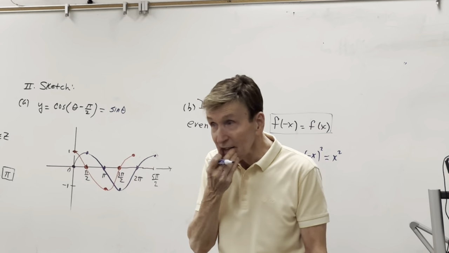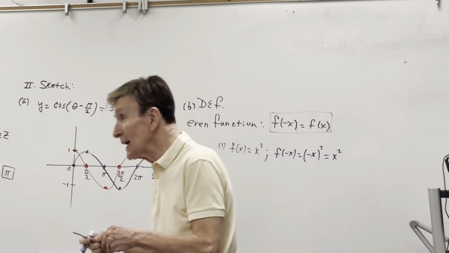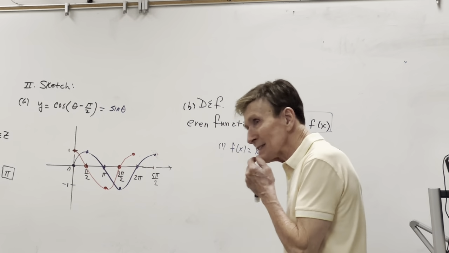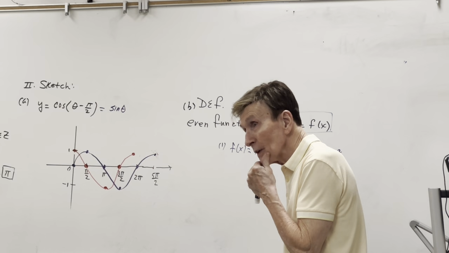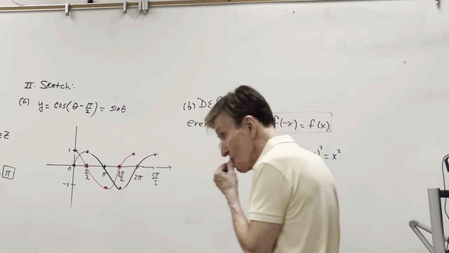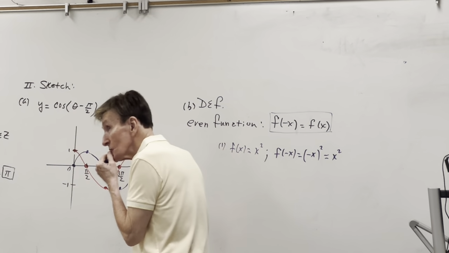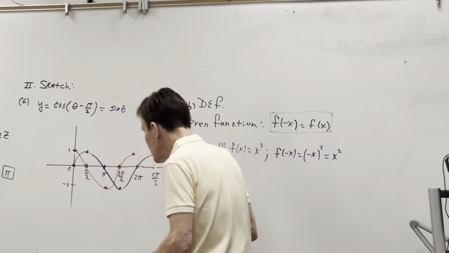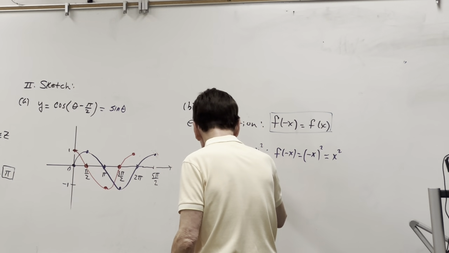Just out of curiosity, does anyone else think they may know one from middle school before I show you the trig functions that might be considered even, besides x squared? And we'll test it. Yes? Absolute value. So you're saying, Professor, f of x equals absolute value of x.